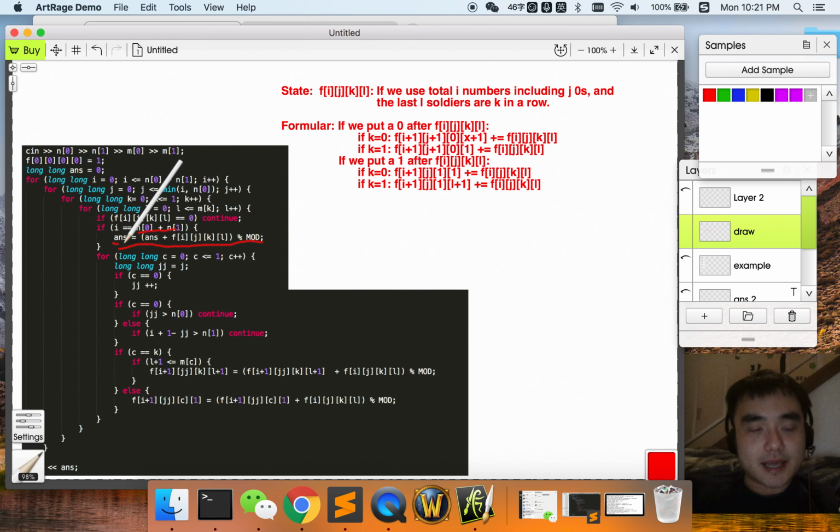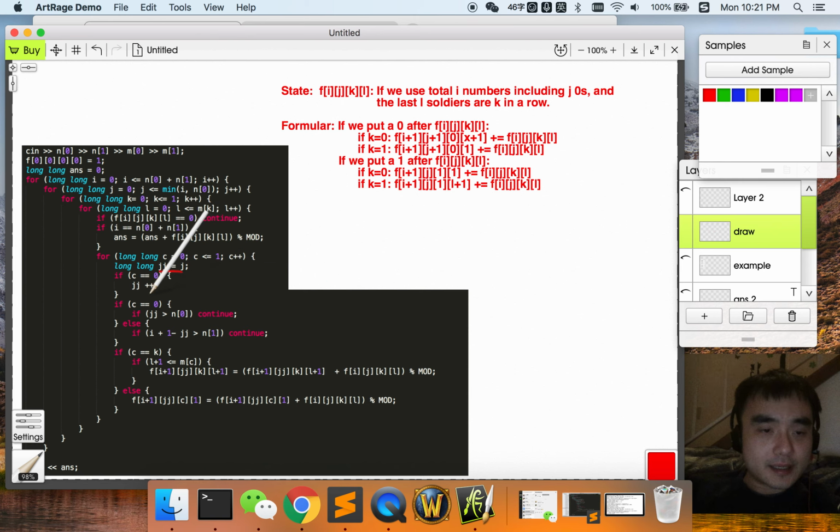Because this answer records the total number of valid arrays. So we need to add this state into the answer, right? And this part is where we either put 0 at the position I plus 1, or we put a 1 at the position I plus 1, right?